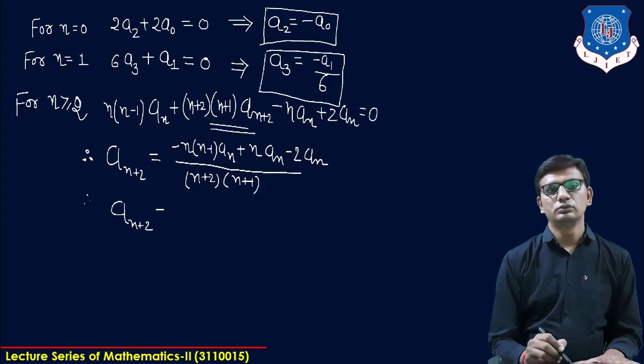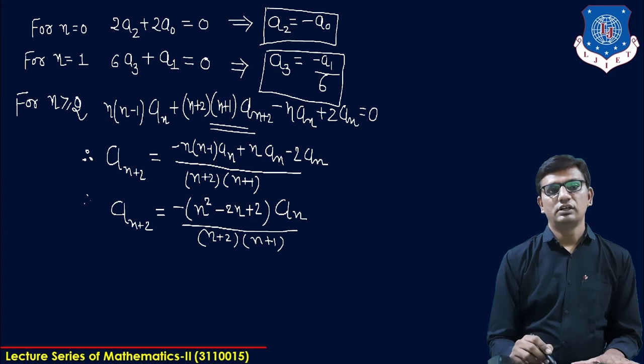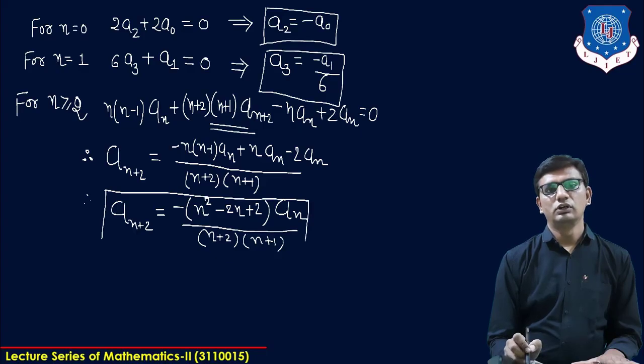Here the numerator can be written as minus (n² minus 2n plus 2) a_n upon (n+2)(n+1), which is our recurrence relation for n greater than or equal to 2.